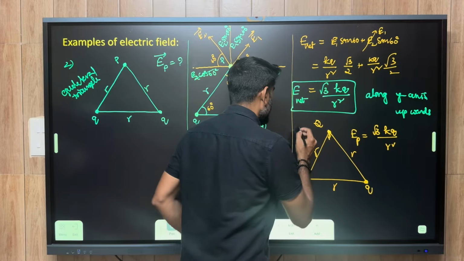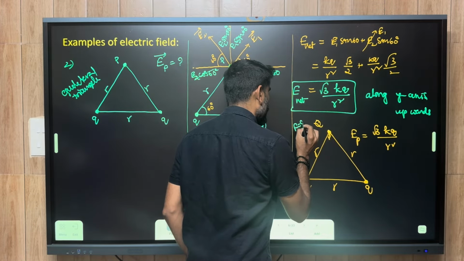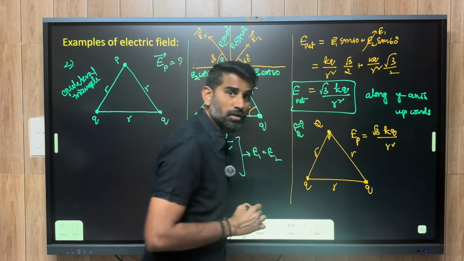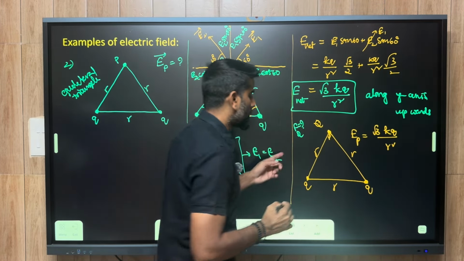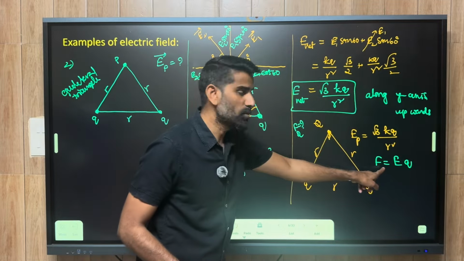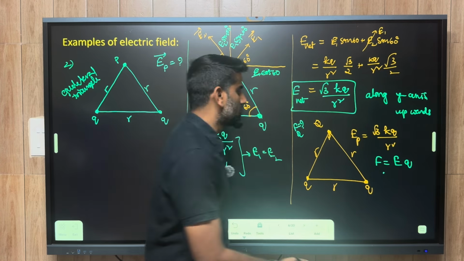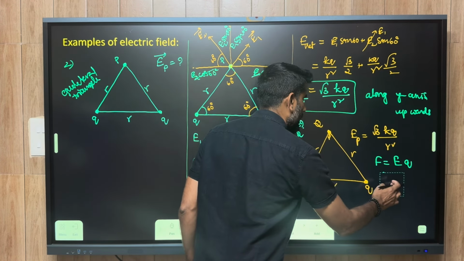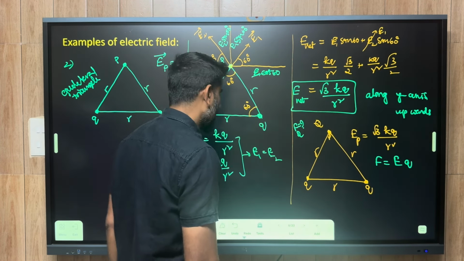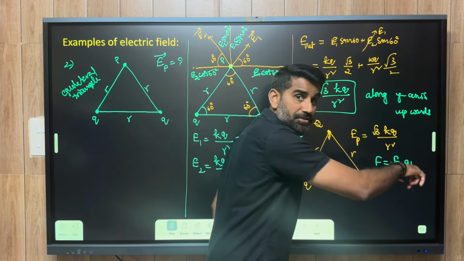Now I have asked you to find the electric force on Q. To find the electric force on Q, force is equal to E into Q. We have already learned this formula, right? So if I know the charge and the electric field, I can find the force by using this relation.